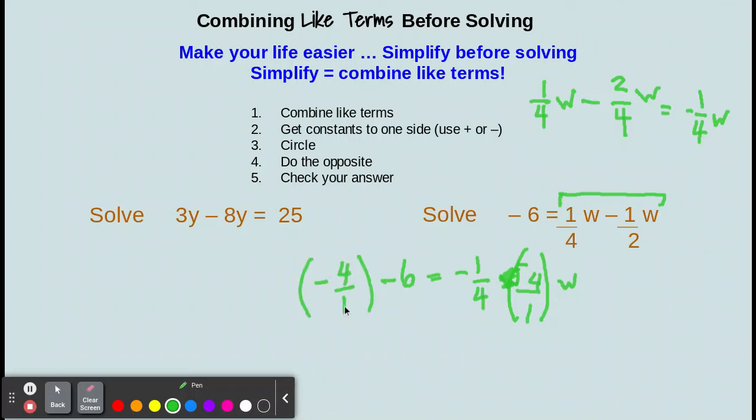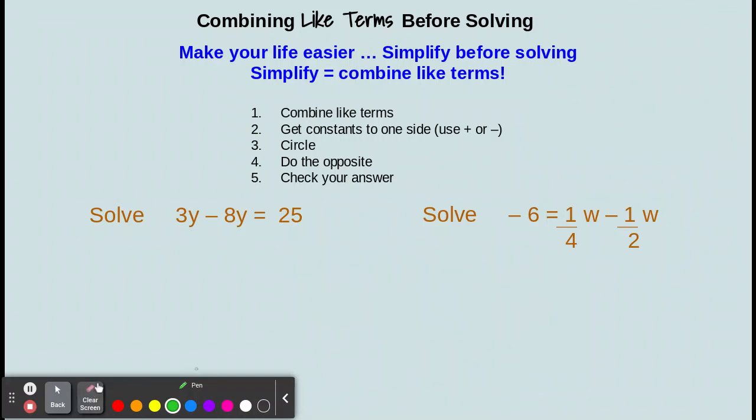And it's negative, right? As well. So negative 1/4 times 4/1 leaves us with negative times a negative is a positive. 4/4 is the same as 1. So we're left with just w. Okay. And then negative 4 times a negative 6, negative times a negative is a positive. So we're just left with 24. So our answer, our solution, is w equals 24.